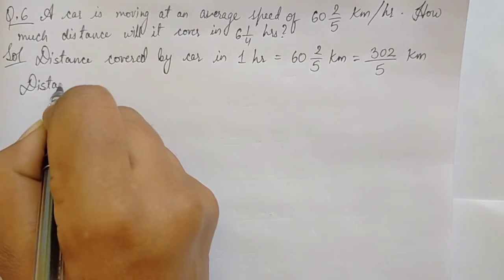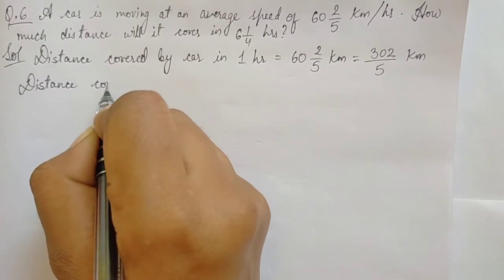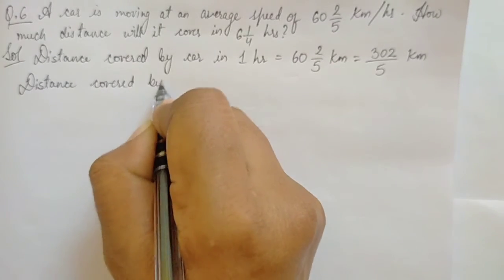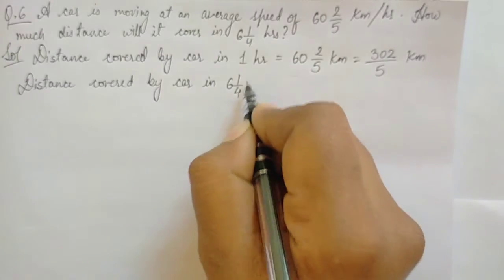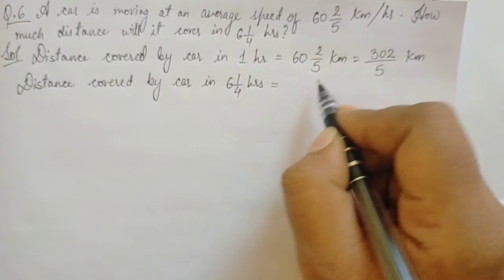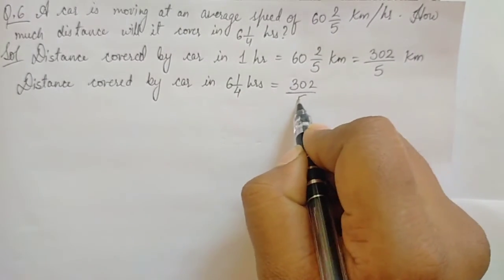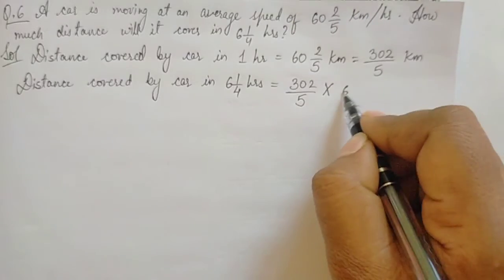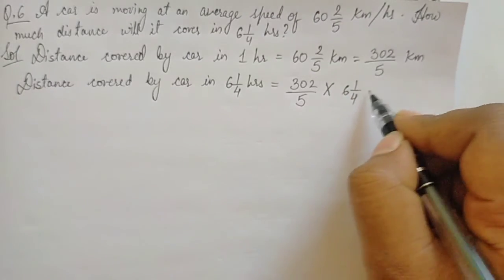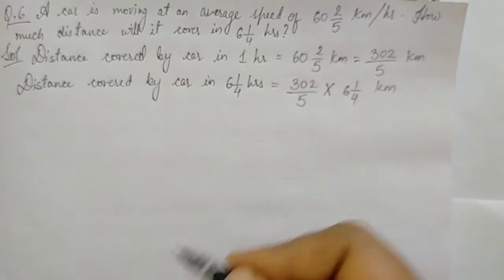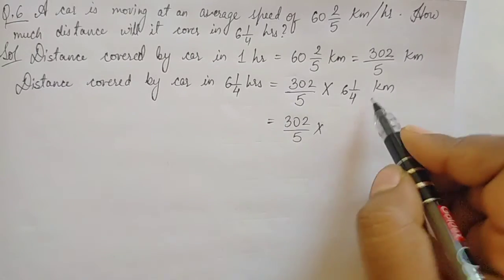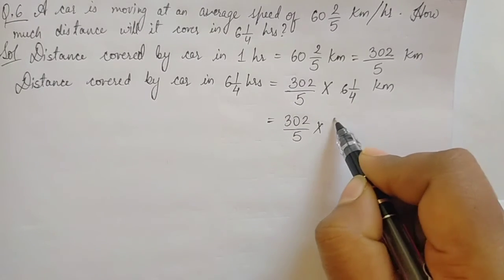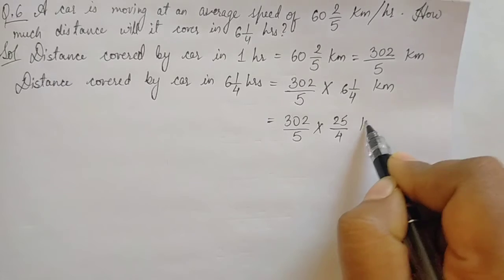So distance covered by the car in 6 1/4 hours is equal to 302 upon 5 multiplied by 6 1/4 kilometer. So 302 upon 5 into 6 4s are 24, 24 plus 1, 25 upon 4 kilometer.